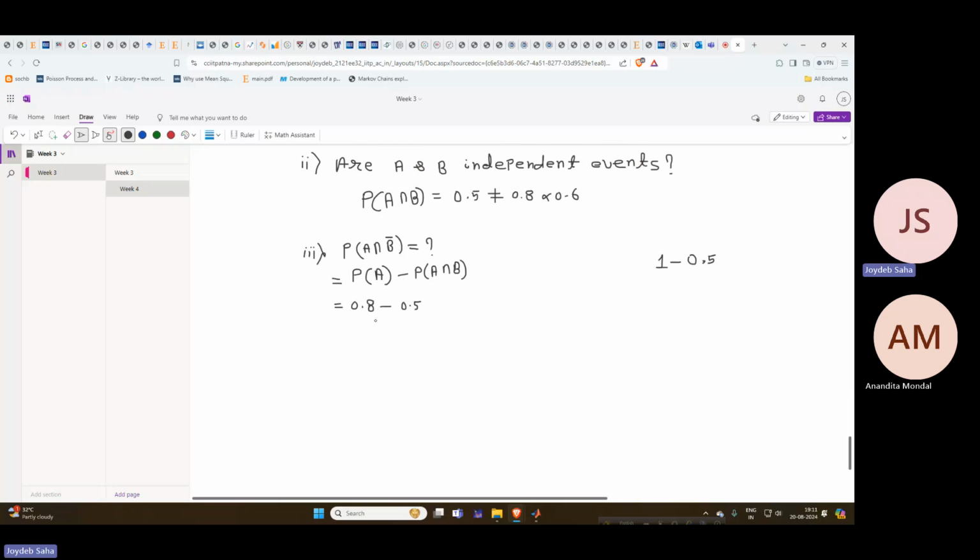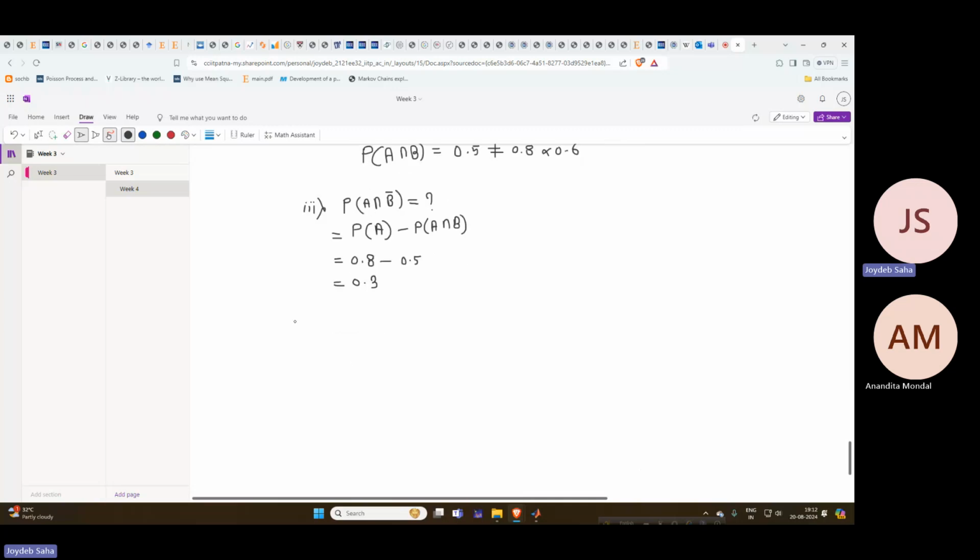Actually, basically, getting the right answer and getting the wrong answer, there is no difference. The thing is, you are trying. So very good. So it is 0.3. Okay.